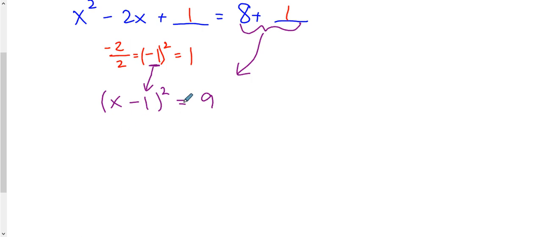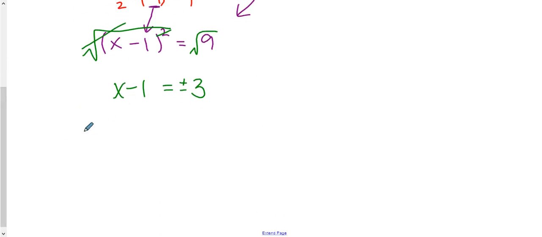We've done this before, this is familiar to you. I have a square, so I'm going to start by square rooting both sides. That square root's going to cancel out my square. I'm left with just x minus 1. And then the square root of 9 is 3, but because we added the square root in, I need that plus minus. From here, I'm going to split this into two equations.